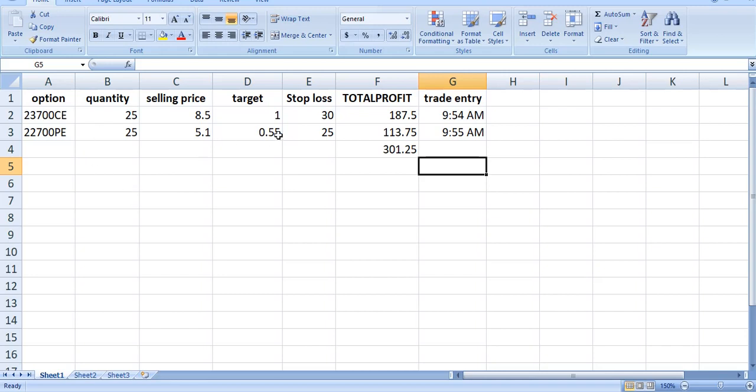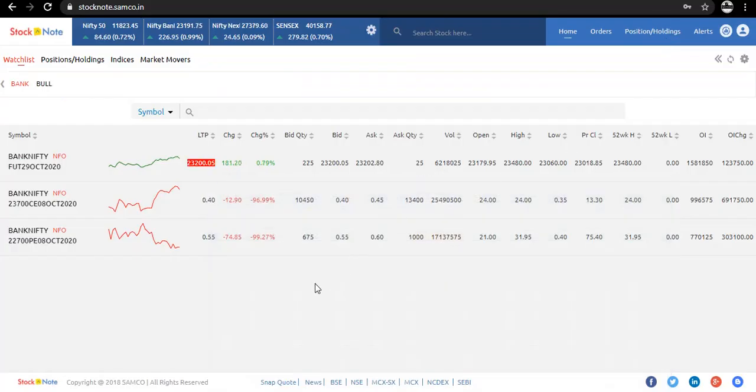As our target has been hit, our profit in call selling is 187.5, and in put our profit is 113.75 paisa. Adding this, our total profit in option selling is 301.25. So okay traders, this was our today's trade.